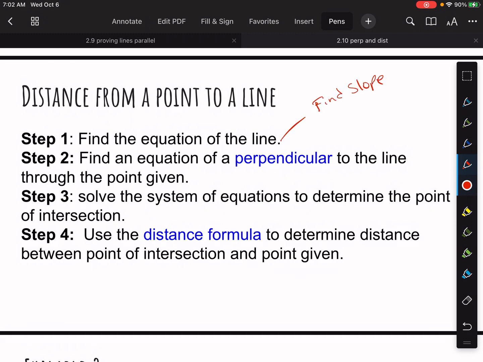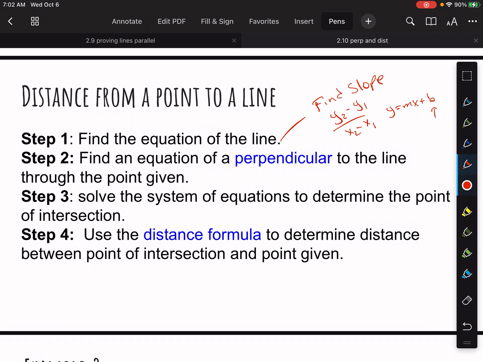The slope is simply y2 minus y1 over x2 minus x1. We're going to use our slope and plug it into either point-slope form, or you can plug it into y = mx + b form, and then we're going to solve for b. Or in point-slope form, we'll just simplify it and it'll give us the b.